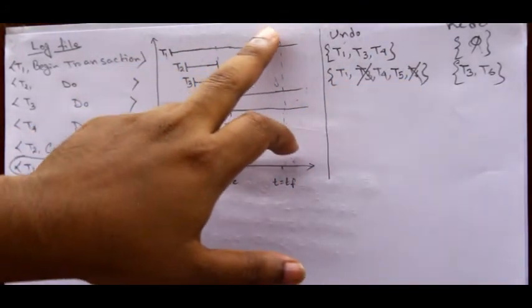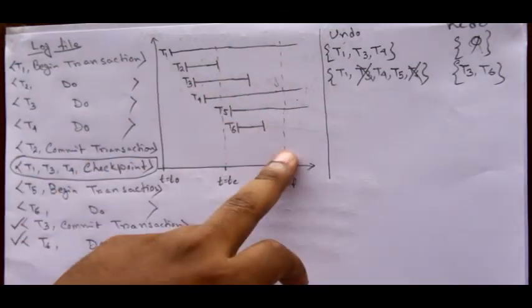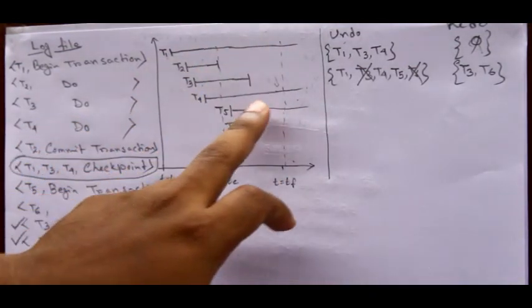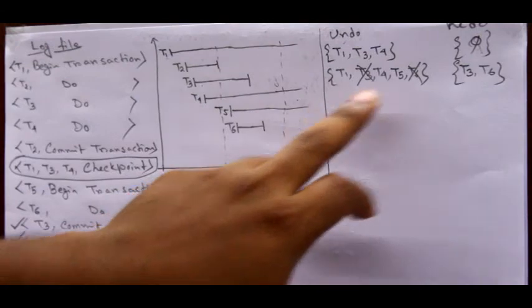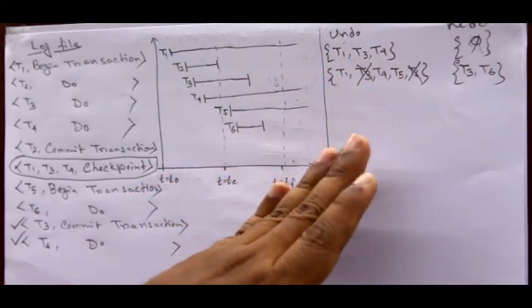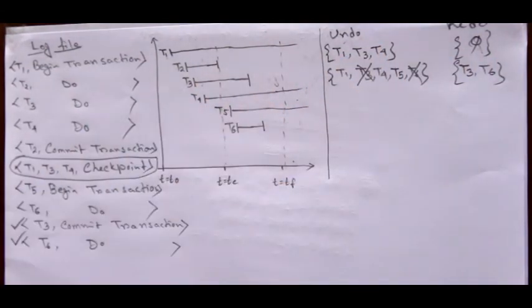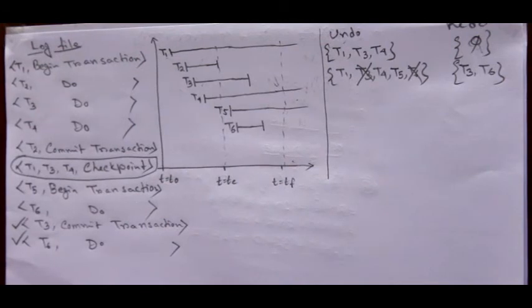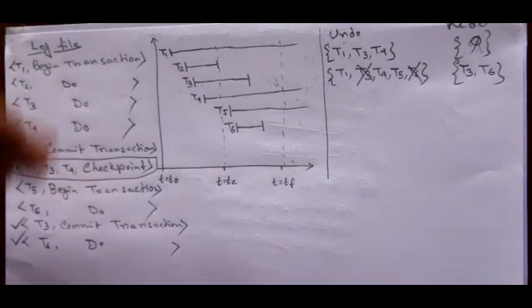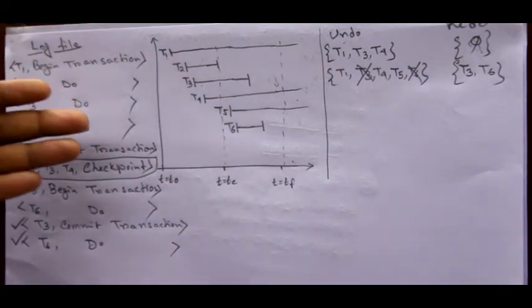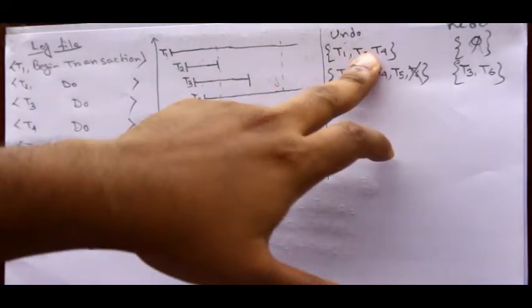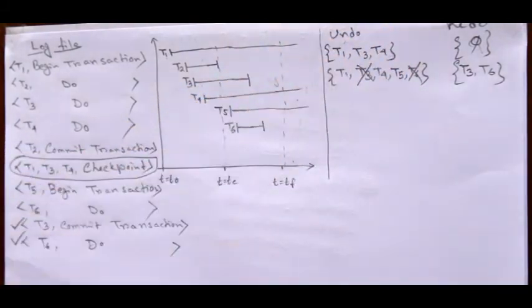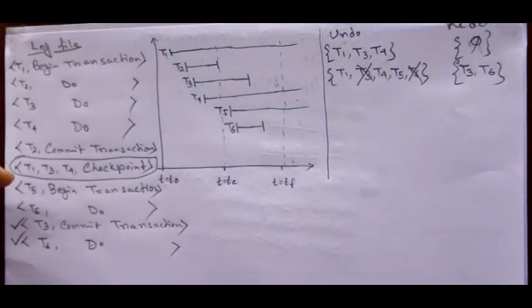Actually, which transactions encountered failure? T1, T4 and T5, and T3 and T6 completed their execution before system failure. So now start reading the log file backward from the checkpoint record and start undoing the transactions of the undo list, that is T1, T3 and T4, till the begin transaction is encountered.